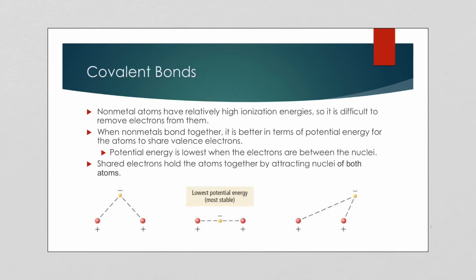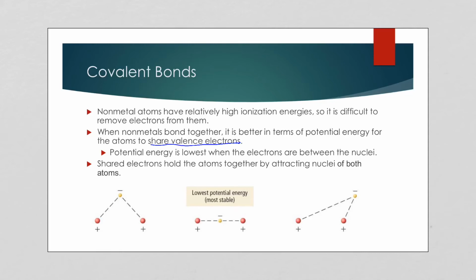We have covalent bonding, where non-metal atoms, because they have these high ionization energies, as I mentioned, we can't really remove electrons from them. You know, they don't like to form positive charges. So when they come together, they simply share because they both want to gain electrons, essentially. And so the way that we get around that is that we share valence electrons. And we'll see why this is advantageous in a little bit.